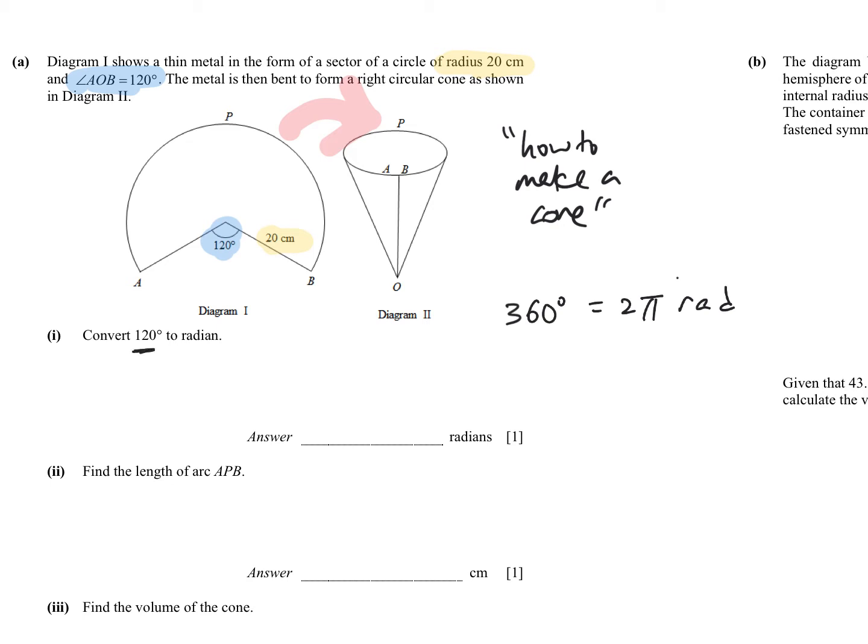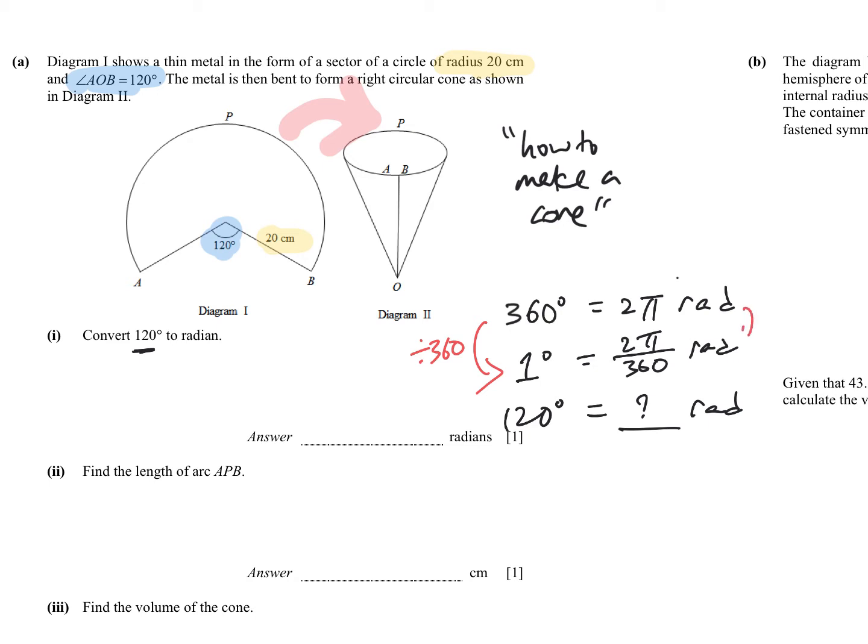And I want 120 degrees eventually, so I can write down here 120 degrees equals how many radians? And the rest is actually just ratio. Since I want to get 120 degrees, why don't I just find 1 degree first? I do this by dividing by 360. On the right hand side, I also take 2 pi and divide it by 360. So that's the first step: on both sides, you divide by 360.